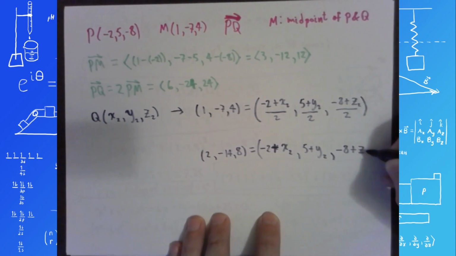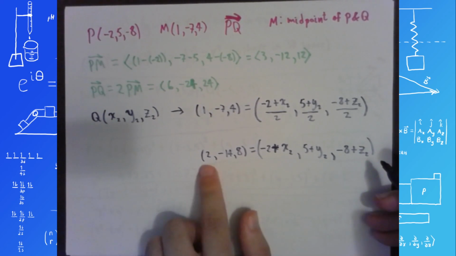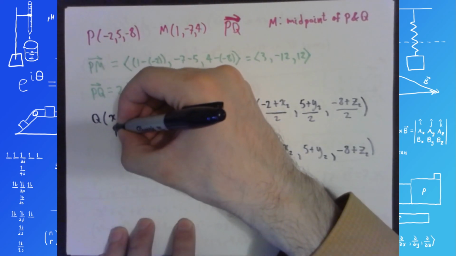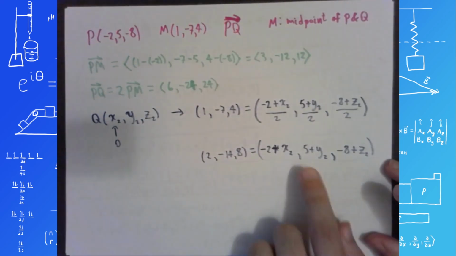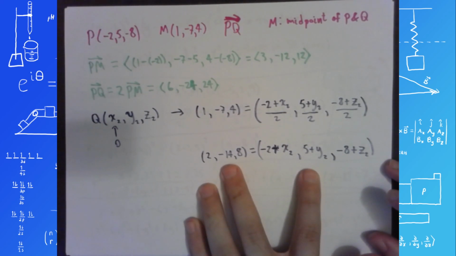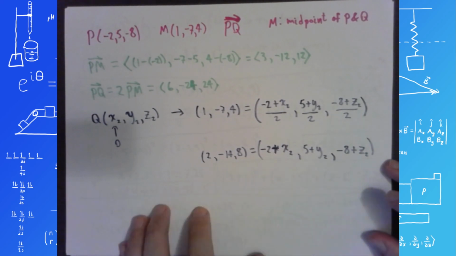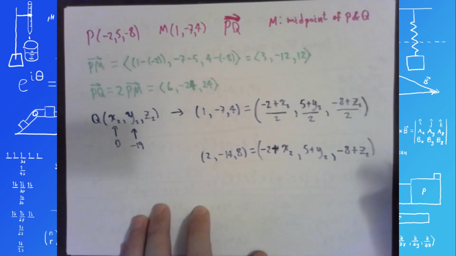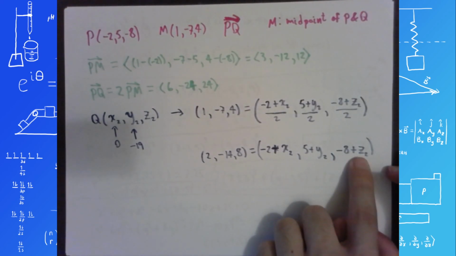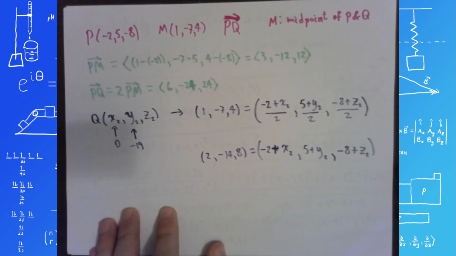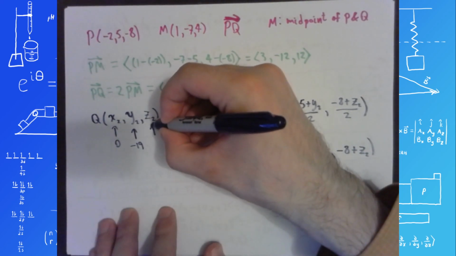Negative 2 plus x2 equals 2, so x2 must be 0. 5 plus y2 equals negative 14, so y2 is negative 19. 5 plus negative 19 is equal to negative 14. And for z2, negative 8 plus z2 is equal to 8, so z2 must be 16. Negative 8 plus 16 gives me 8.